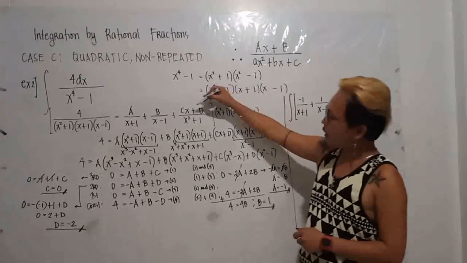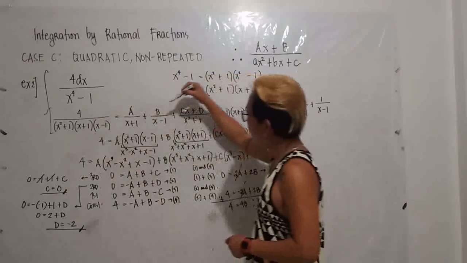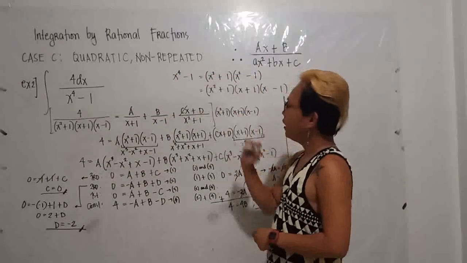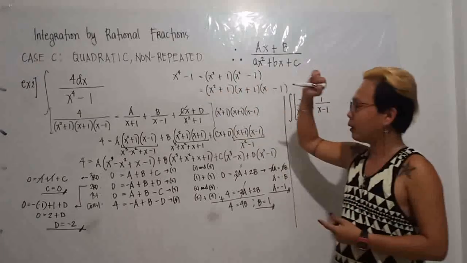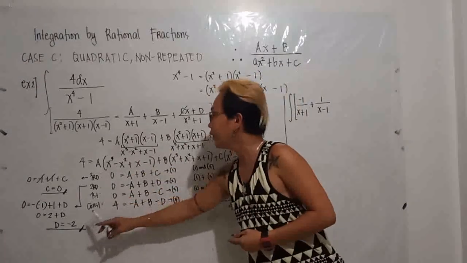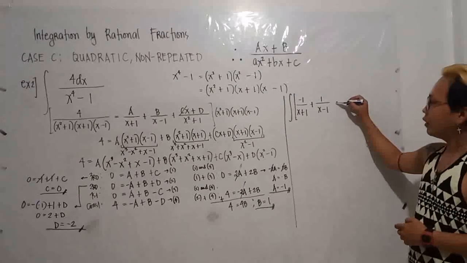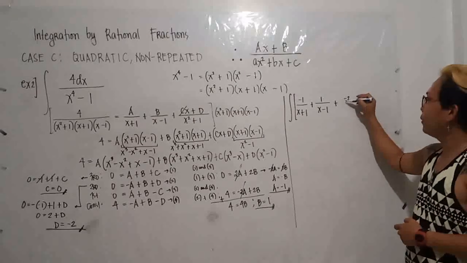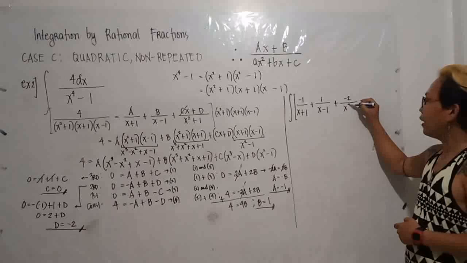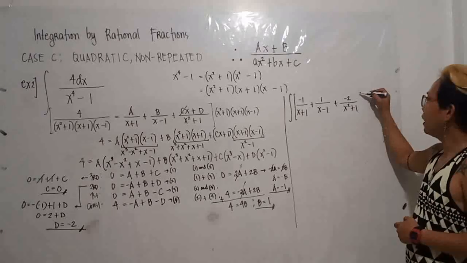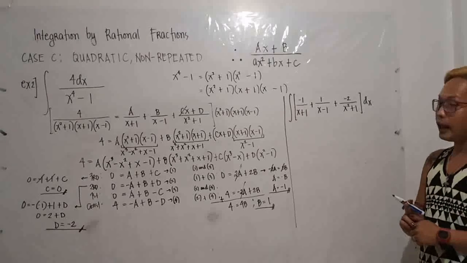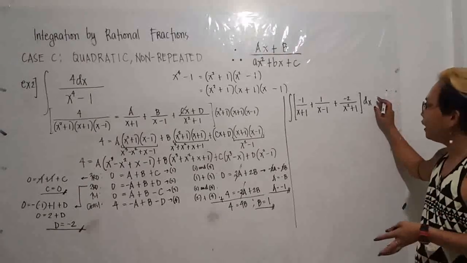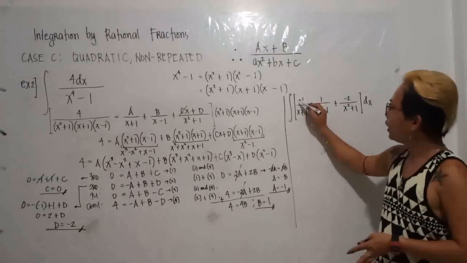Then pagdating kay c, we have 0, so cancel na natin cx. So ang matitira na lang is d over x squared plus 1, which is negative 2. So that's plus negative 2 over x squared plus 1. So this is dx.